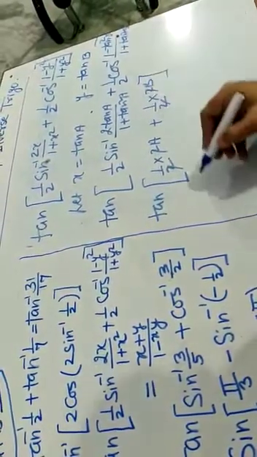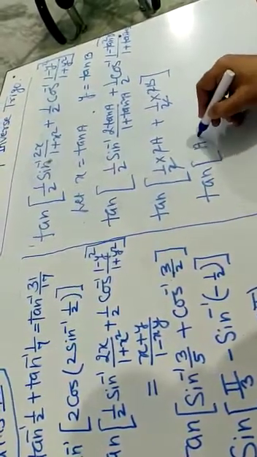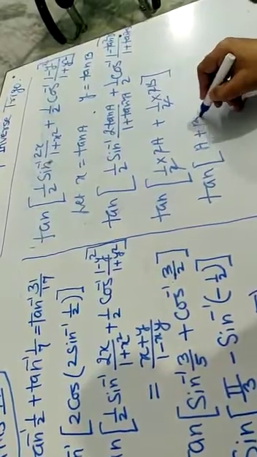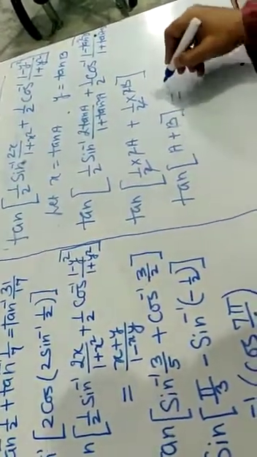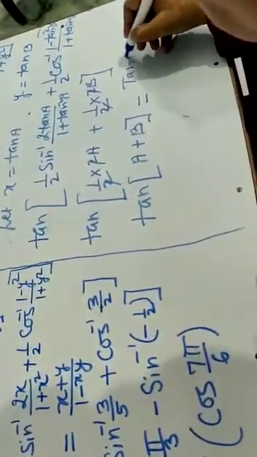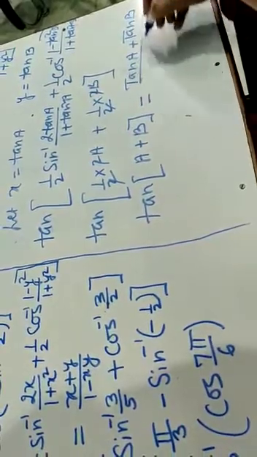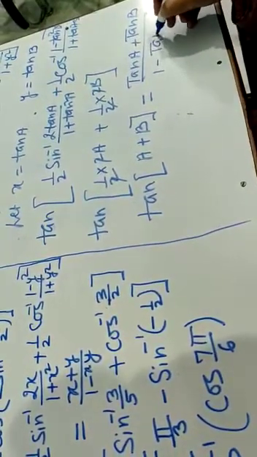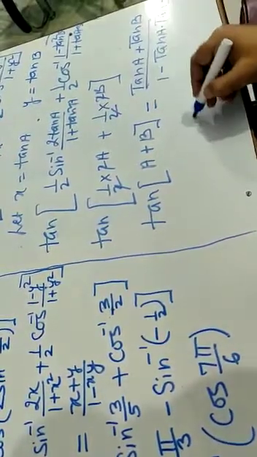Cancel the halves, and tan of a plus b you can write as tan a plus tan b by 1 minus tan a into tan b, as a compound angle.